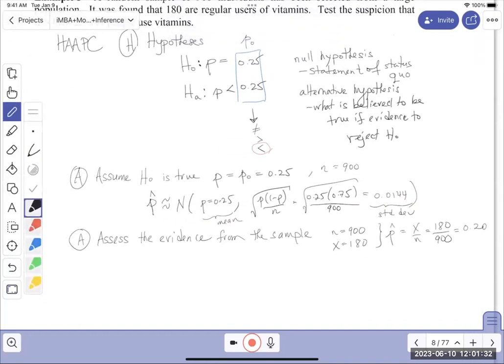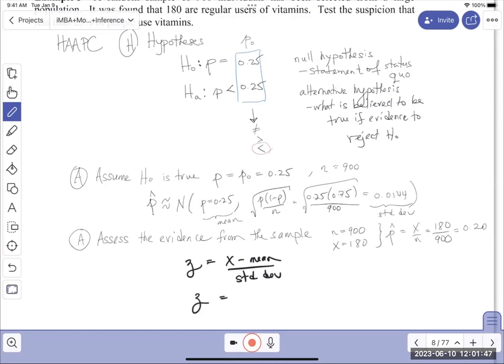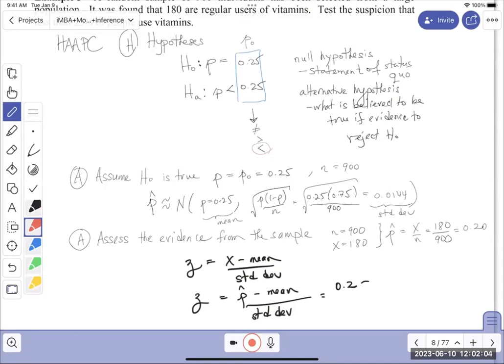We're going to assess the evidence by calculating the Z. Z is equal to X minus mean divided by standard deviation. In our case, we're going to standardize P hat: P hat minus its mean divided by its standard deviation. So P hat is 0.2. Its mean was 0.25.